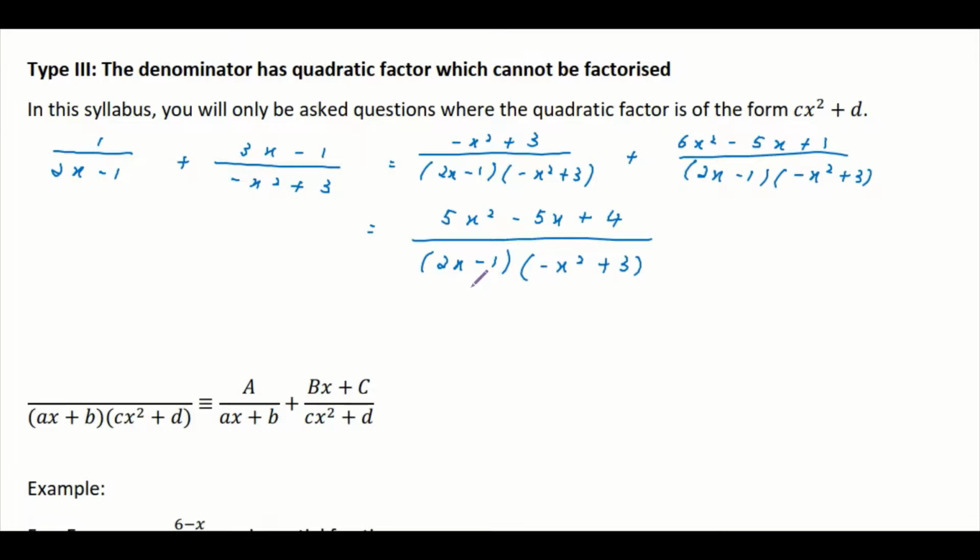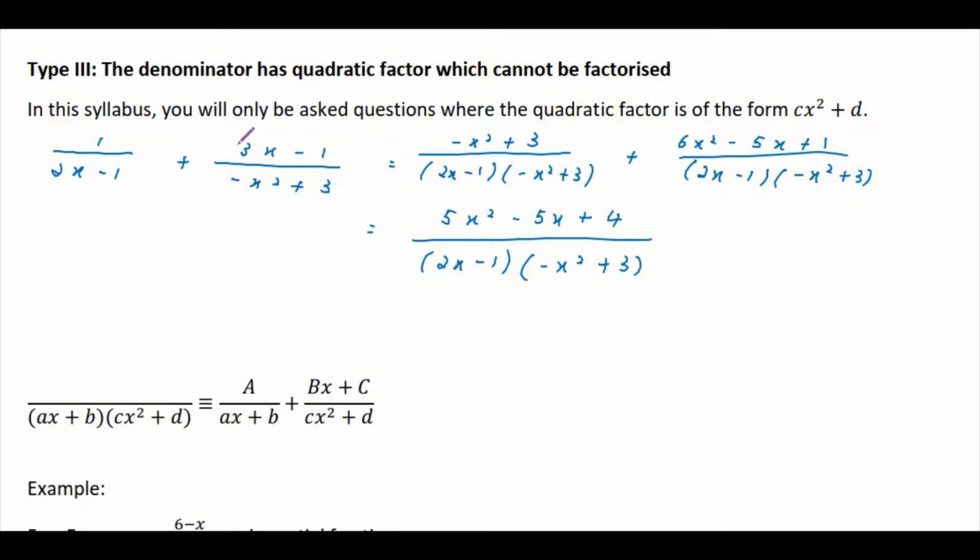So you see when I try to reverse the process, I can see that the part for the linear factor is going to be exactly the same as what we have learned just now: one constant over the linear factor. For the part where I have a quadratic factor which cannot be factorized, when I change it back, I might have a linear term at the top.